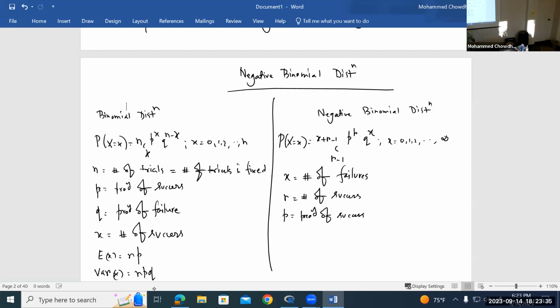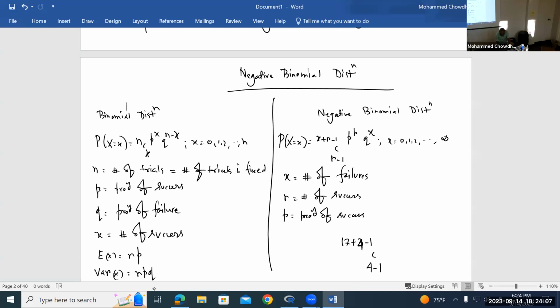Are you understanding? Here data is generated one by one, one by one. Clear, right? So once he got the 3 successes, that means he got these things. Suppose he got 17 failures, 4 successes, 4 successes minus 1, C, 4 minus 1.